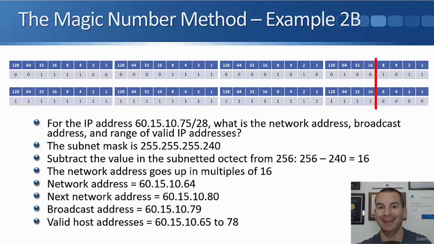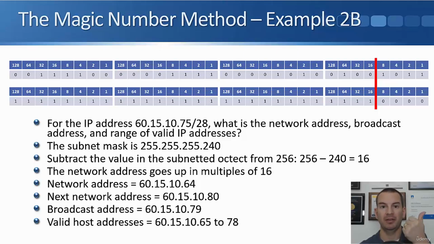So if the number we're subnetting it at is 240, then 240 taken away from 256 is going to be 16. So we know that the address blocks go up in multiples of 16. And with our example, it's asked us to figure out the network address for 60.15.10.75. So we just go up in multiples of 16 until we get to the closest subnet.